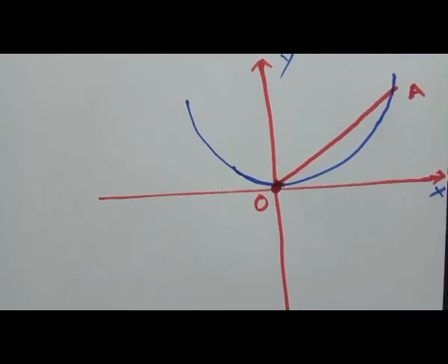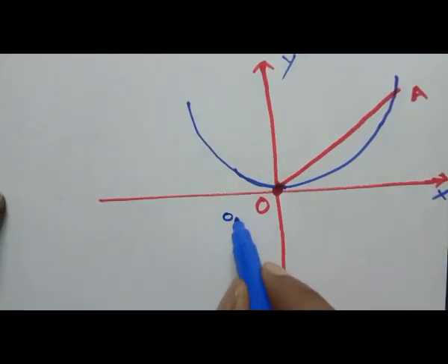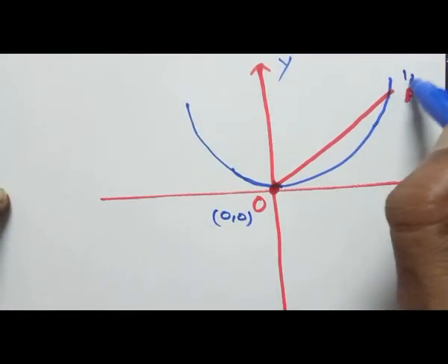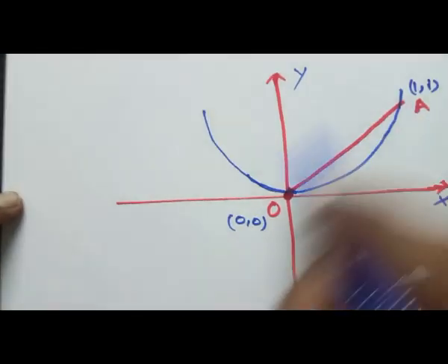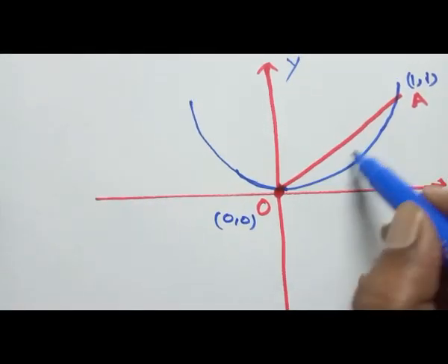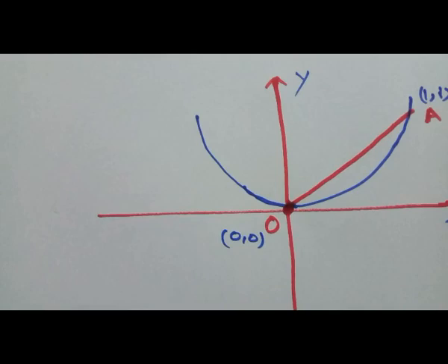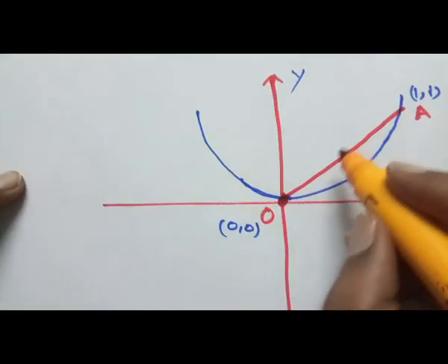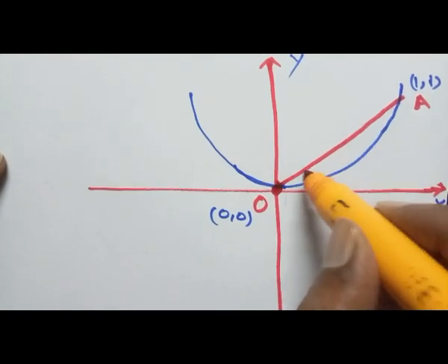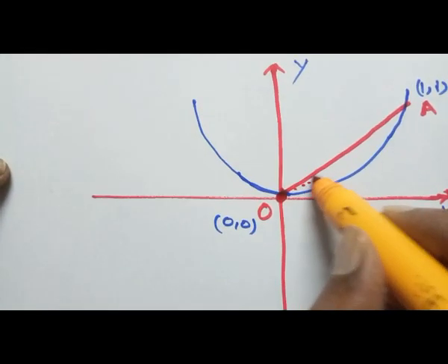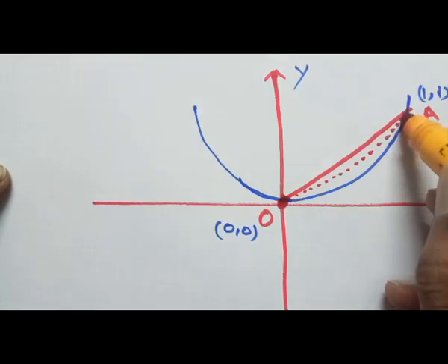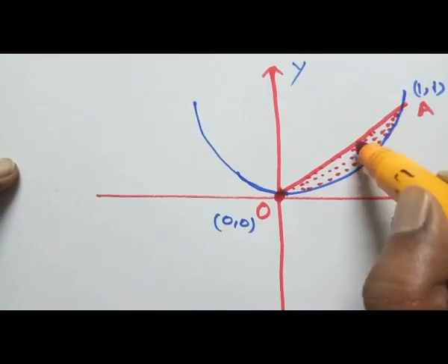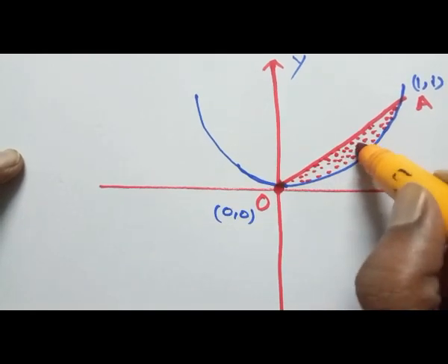One point of intersection is 0, 0. Another point of intersection is 1, 1, that is A. Therefore, this is the region of integration. This is the region which is bounded by the curve C, which consists of two parts.